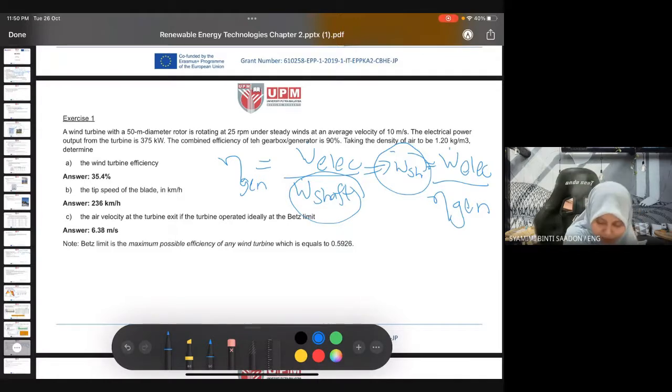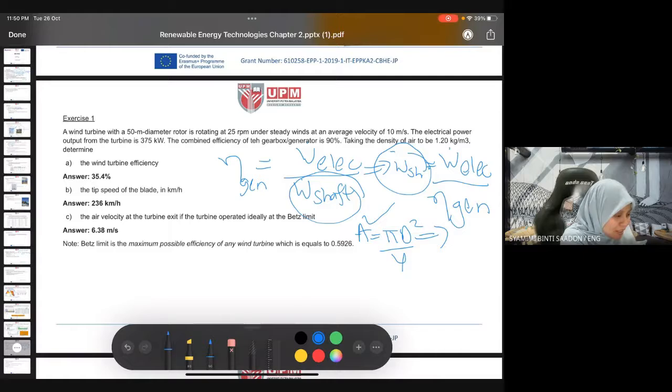The area of the blade can be calculated as pi d square over 4. This one you know. So the diameter is given here, 50 meters. So you have the answer for the area.